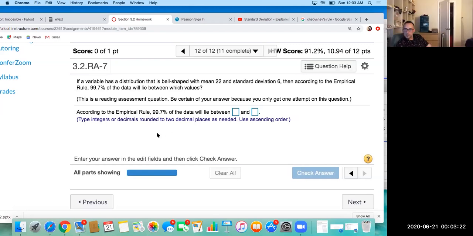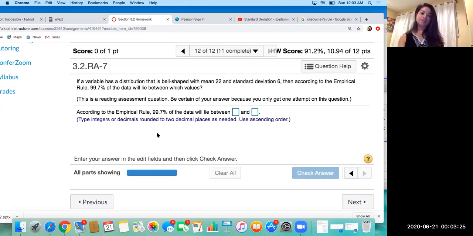If a variable has a distribution that is bell-shaped, where's my bell-shaped stuff? Okay. Bell-shaped, with mean 22 and standard deviation 6. According to the empirical rule, 99.7% of that will lie between which values? Oh, I'm so bad at this empirical rule stuff.